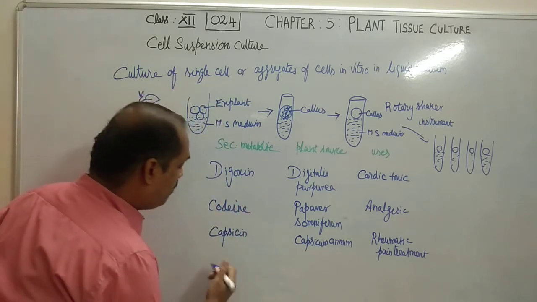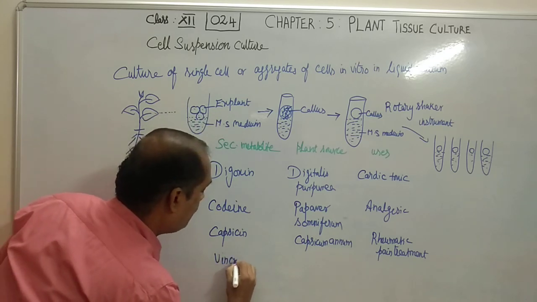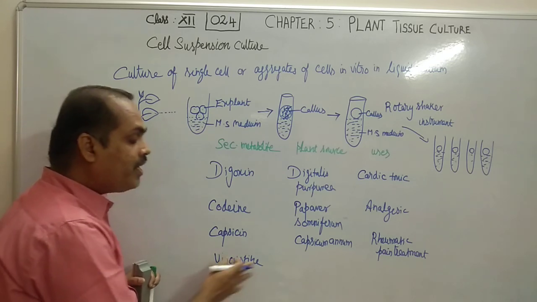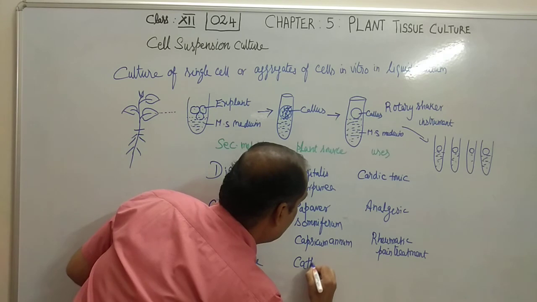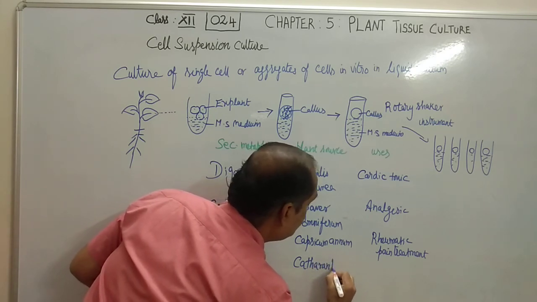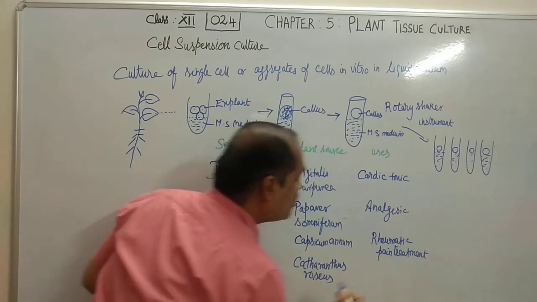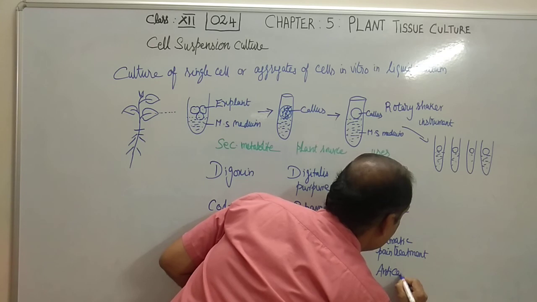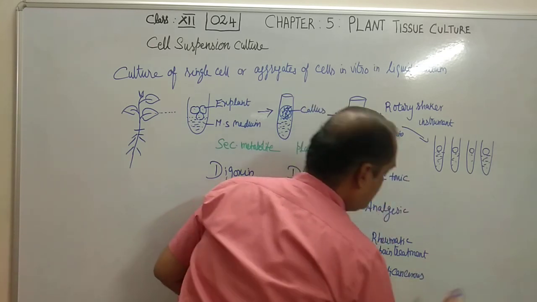Now one more example, vincristine, which we saw already. Vincristine is the name of the alkaloid obtained from Catharanthus roseus, which is used for its anti-cancerous property.